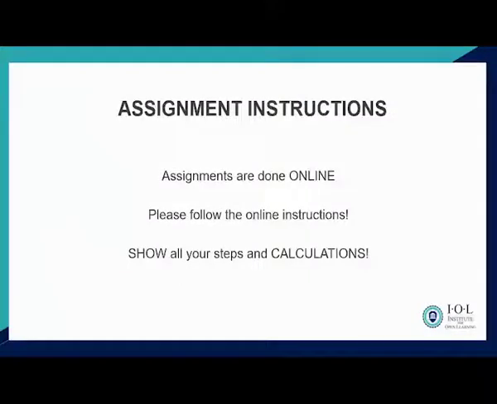Assignment instructions. All assignments are done online. Please follow the online instructions very carefully and show all your steps and calculations. In the past, I've experienced students that download the assignment in Notepad, and then the whole format is totally wrong.